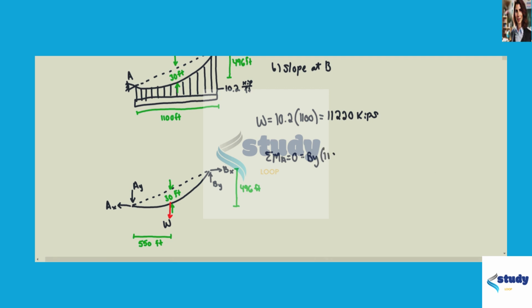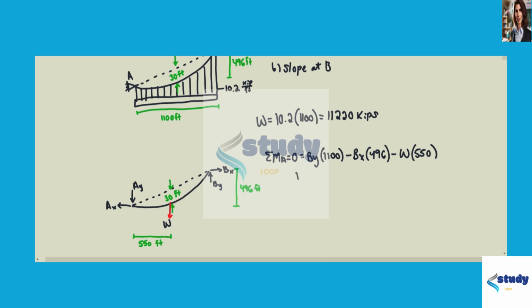And this equals By times 1,100 feet, because there's 1,100 feet in the horizontal direction between A and B, minus Bx times 496, because there's 496 feet in the vertical direction between A and B, minus the load times 550, because there's 550 feet between the load in the middle of the cable to B in the horizontal direction.